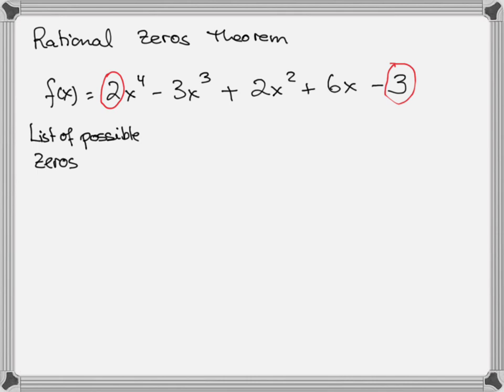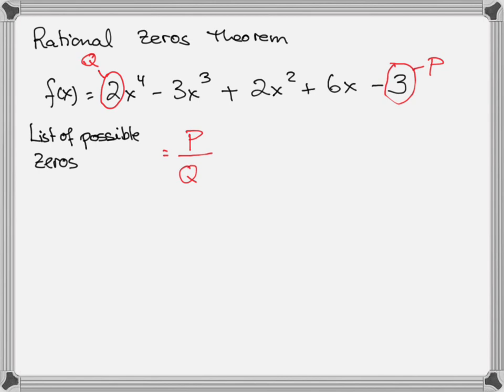Now this, we call P over Q. So P is our constant term, and Q is our leading coefficient. So to find the list of possible zeros, you have to find the factors of P over Q. Again, P is the constant term and Q is the leading coefficient.